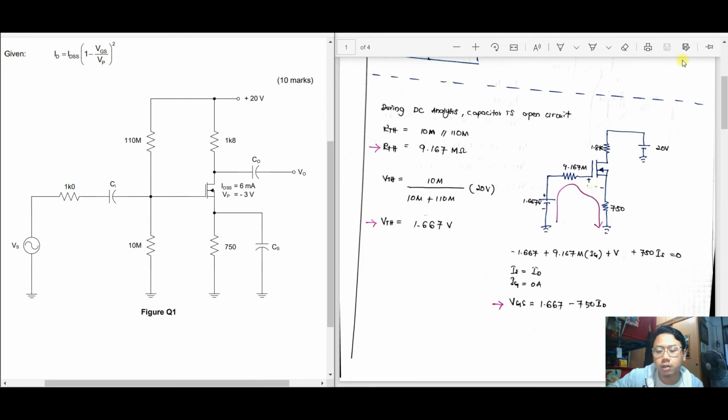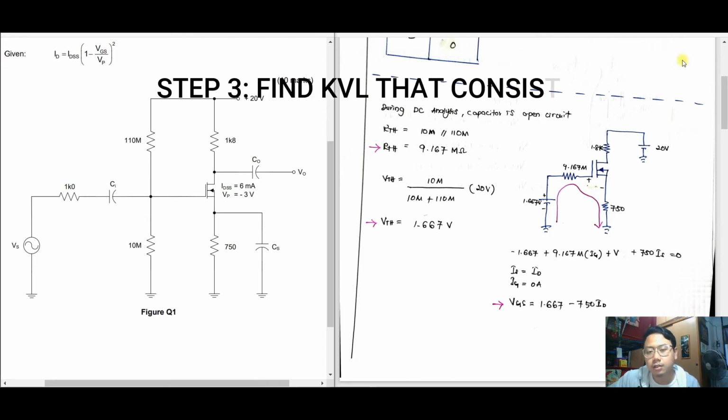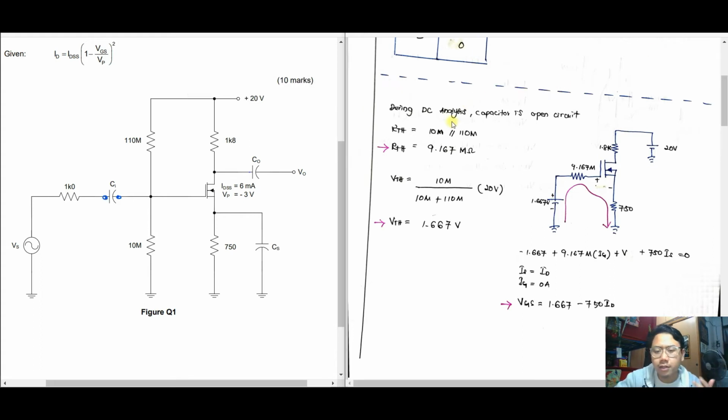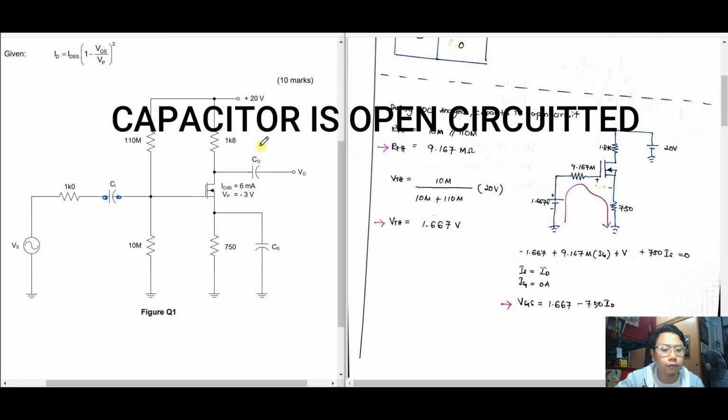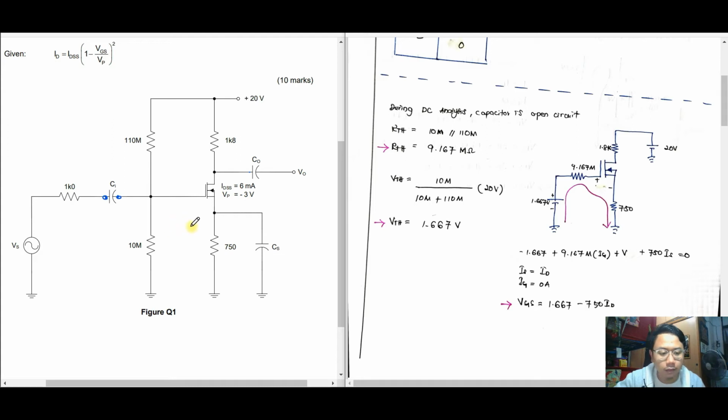For step number 3, by using KVL, Kirchhoff's voltage law, we need to find the value of VGS. During DC analysis, all of the capacitors are open circuited. From this figure, there are 3 capacitors that will be open circuit, which are this capacitor and this one.